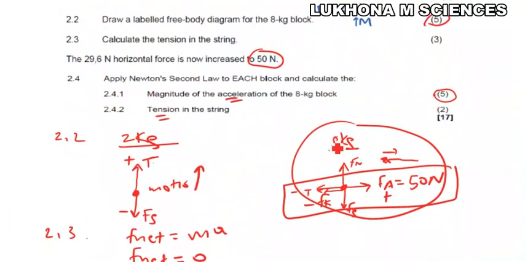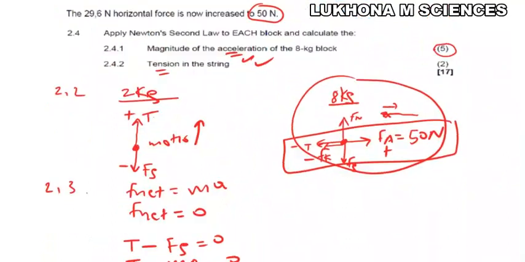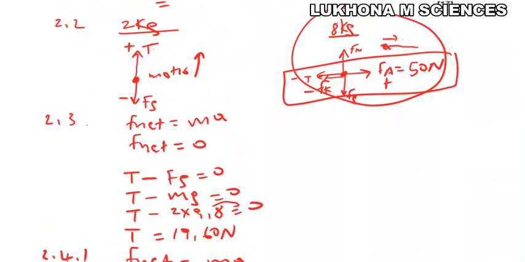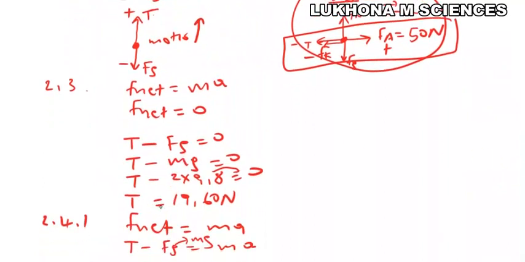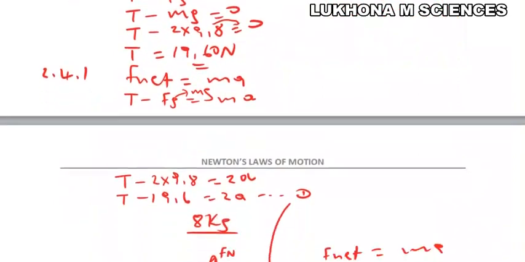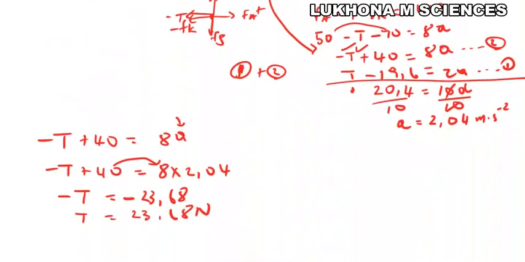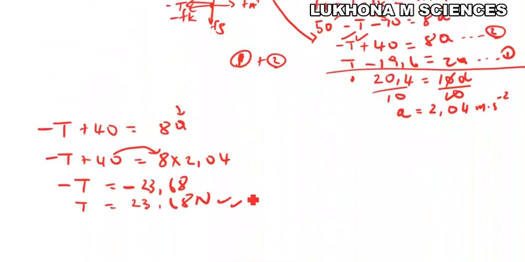That was the last question, tension on the string. Now if we look, the tension before was 19,6, but now that the force applied is increased, the tension also increases. The tension increases as the force applied increased.